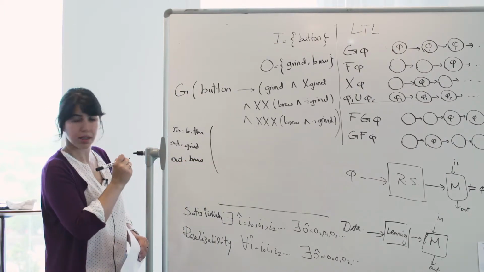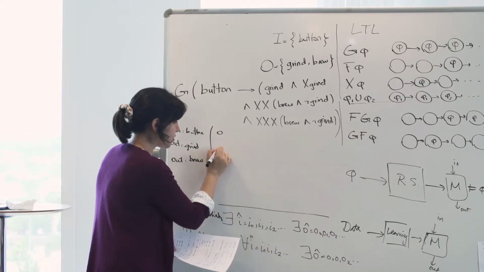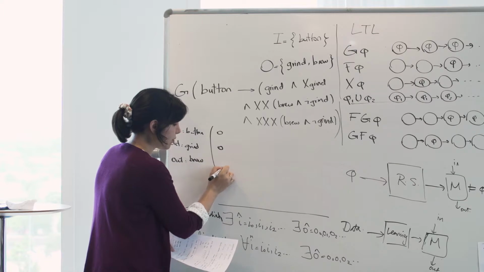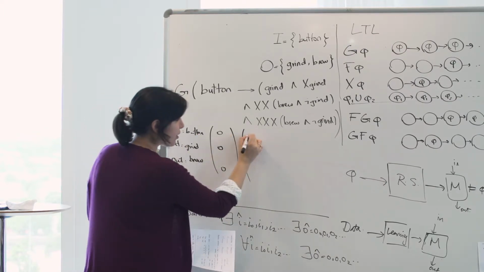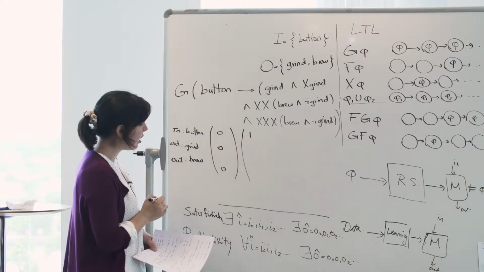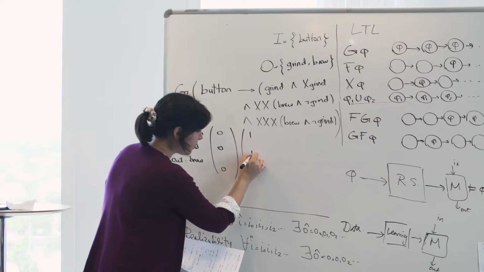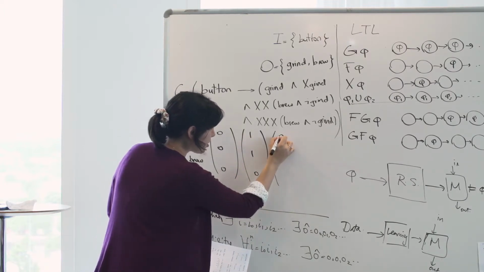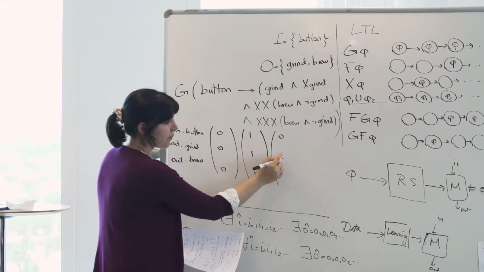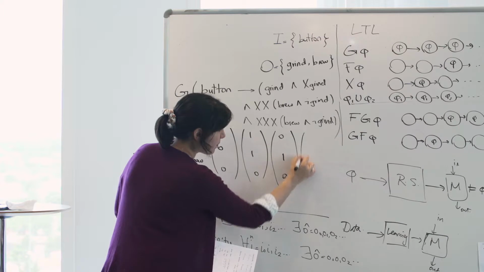Let's say that when I start, I don't press anything, so there is no grinding and no brewing. And next time step, I'm pressing a button, so this is going to become 1. How about these? 1 and 0. How about the next time step? Let's say I don't press anything, so what happens here?